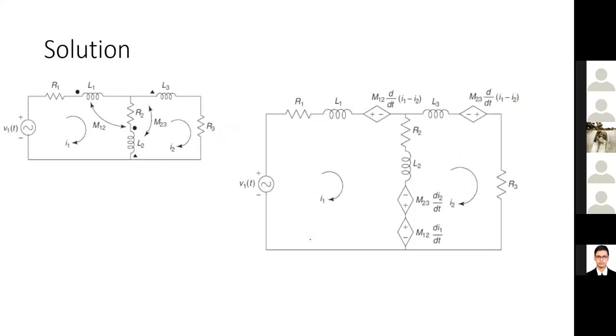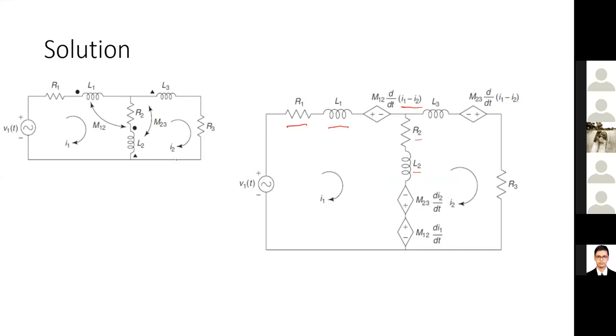So look at this diagram. What is V1(t)? R1 I1(t) plus L1 dI1 by dt plus M12 d by dt of (I1 minus I2), plus R2 (I1 minus I2)(t), plus L2 d by dt of (I1 minus I2).